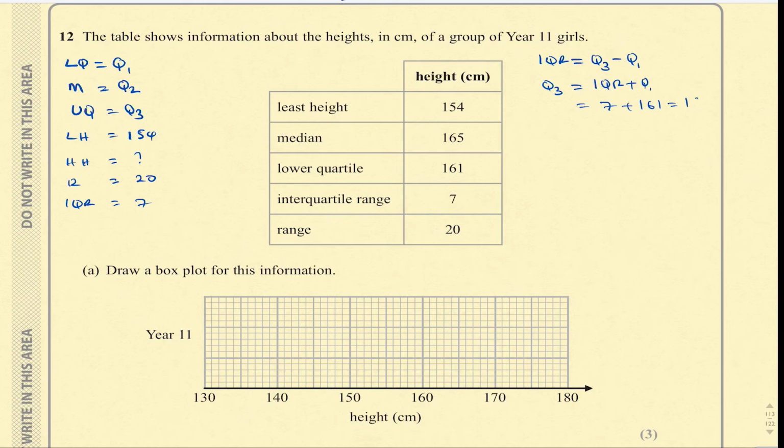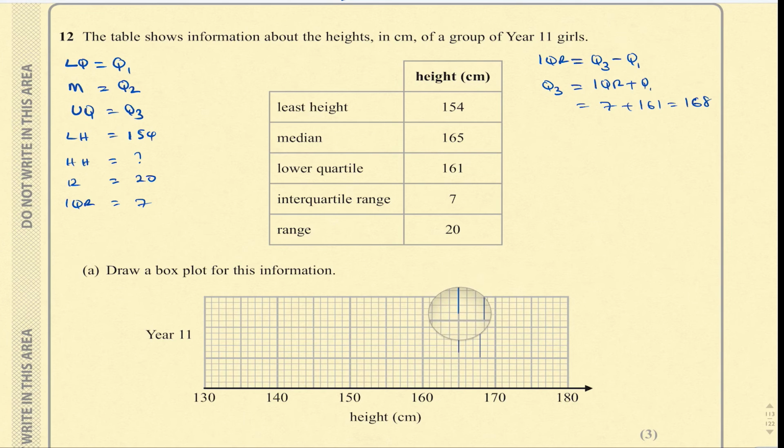and that's 168. So to draw that, we need to come here and draw 168. Right, next is to find the median. So we know the median is 165. So we come here and I better draw that properly.